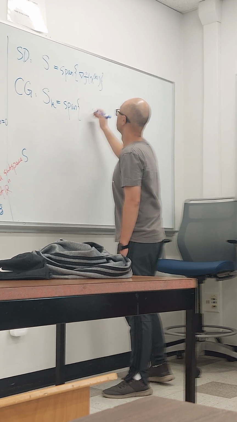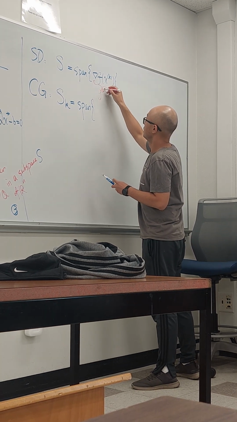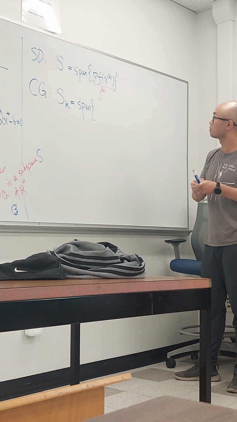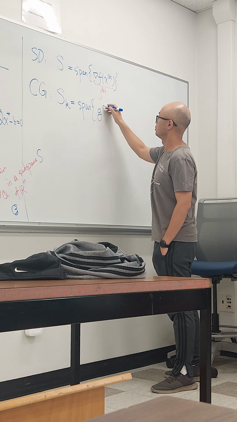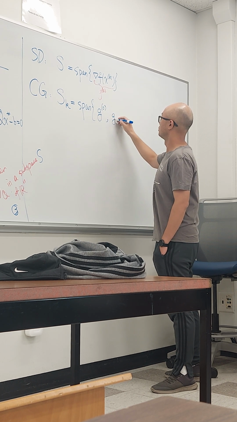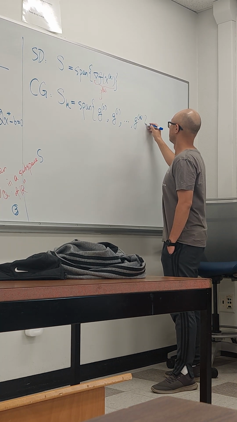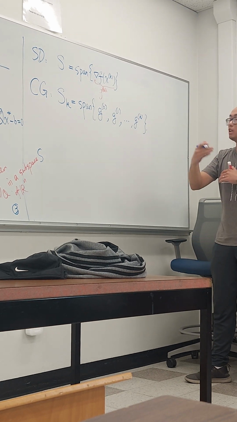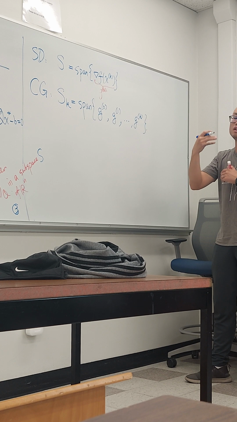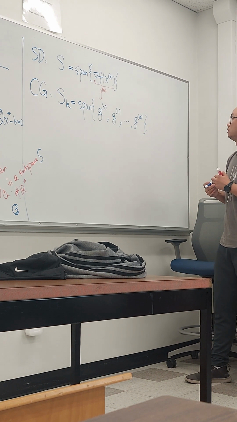If we denote this as G at the kth iteration, then CG builds an increasing dimension subspace, whose dimension increases by 1 at each iteration.